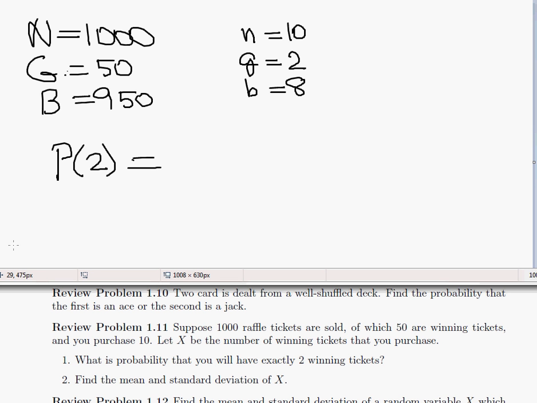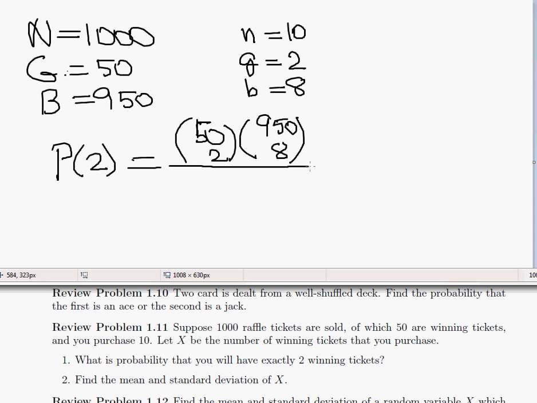Here I'm drawing without replacement. There are 1,000 tickets in this game, and I choose 10 of them without replacement. So the chance of winning is going to be 50 choose 2, times 950 choose 8, all over 1,000 choose 10.